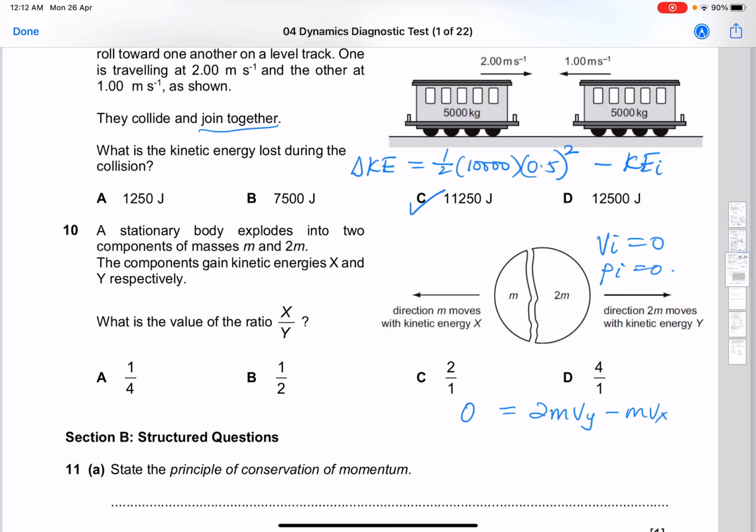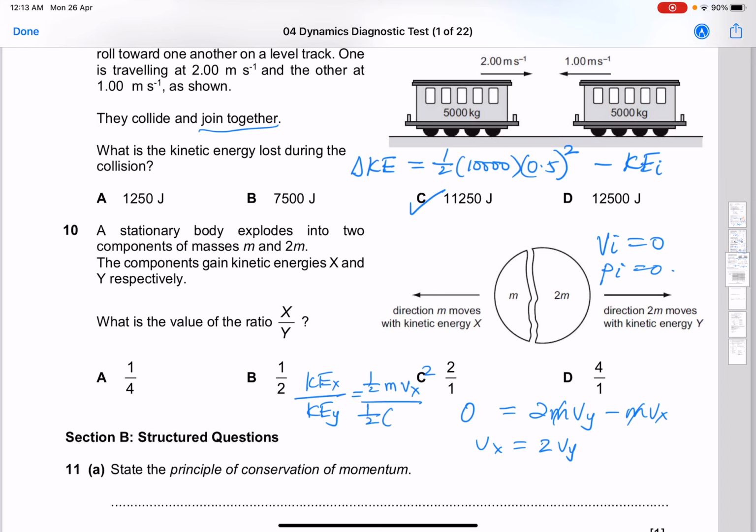And from here we know that the velocity of x is twice the velocity of y. And if I want to find the ratio of the kinetic energies, KE of x and KE of y, it is just half m vx squared, right, expressing everything in terms of x.